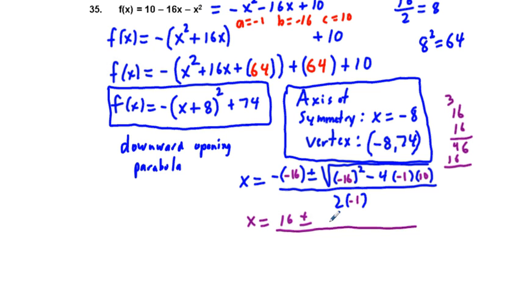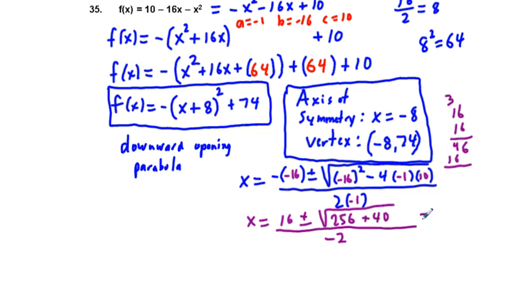I should have known that. The square root of 256 minus 4 times 1, well that's negative times a negative, so plus 40. And we have over negative 2.